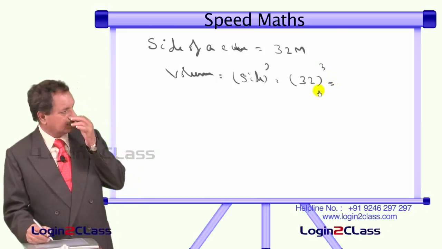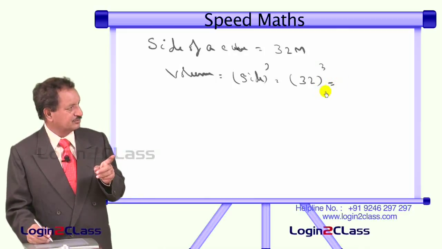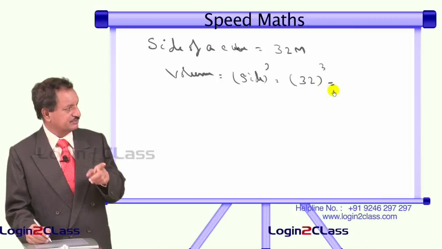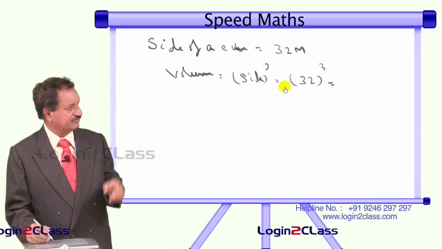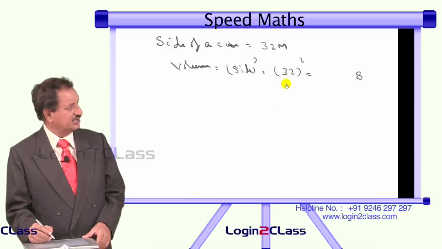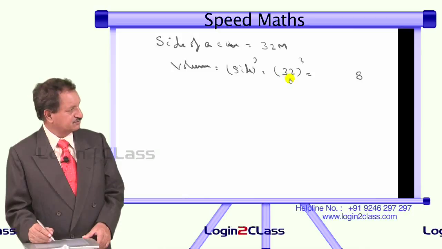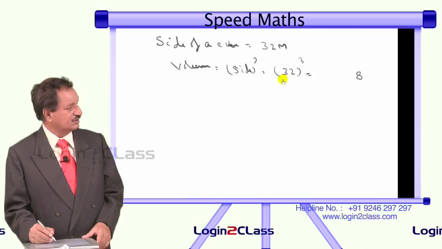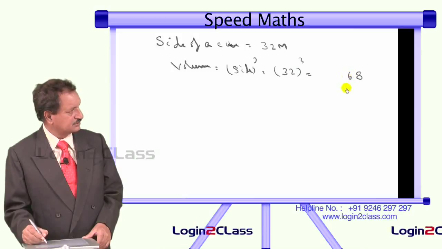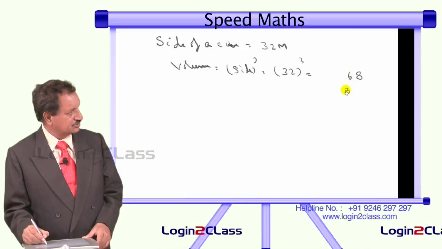How? The formula a plus b whole cube is equal to a cube plus 3a square b plus 3ab square plus b cube, and we come from right to left. Here 2 cube is 8. Okay. Next 3ab square, 3 into 3 9, b square is 4, 9 fours 36, 6 here, 3 outside.